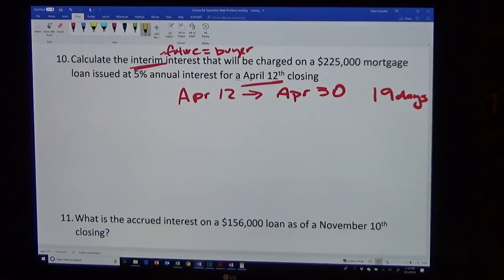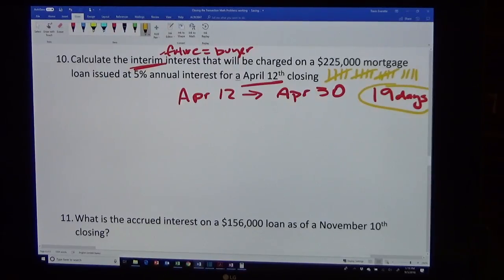You can say April 12, 13, 14, 15, 16, 17, 18, 19, 20, 21, 22, 23, 24, 25, 26, 27, 28, 29, 30. That's 5, 10, 15, 19 days. You have to start paying that interim interest on the day of closing.